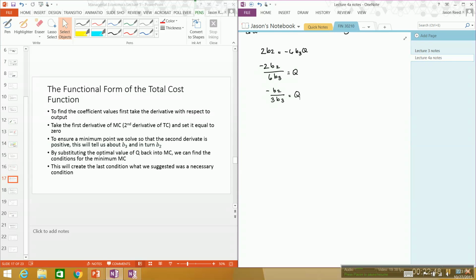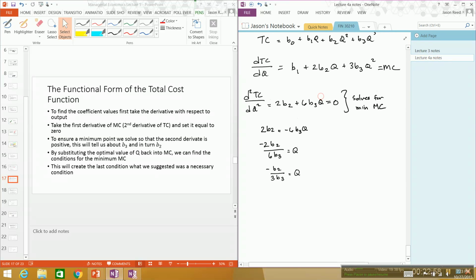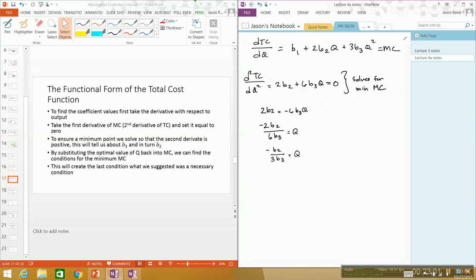We now can substitute this minimizing value back into our marginal cost to look a little bit further. So we're going to look at beta 1 plus 2 beta 2 times negative beta 2 over 3 beta 3, plus 3 beta 3 times q squared, so negative beta 2 over 3 beta 3 squared.